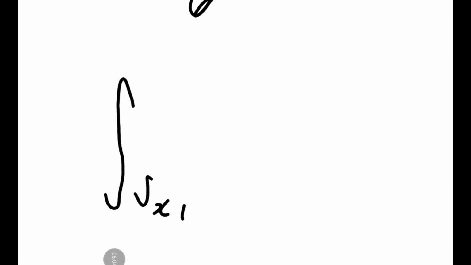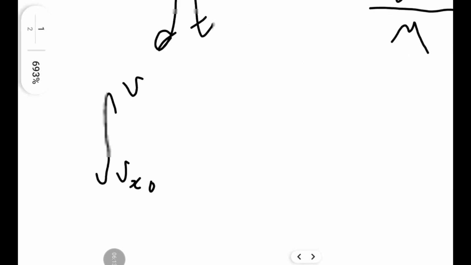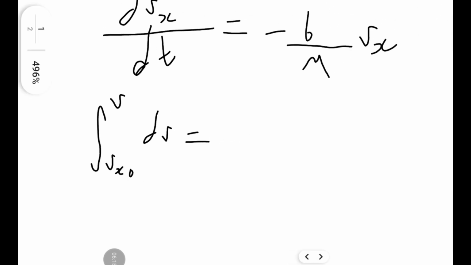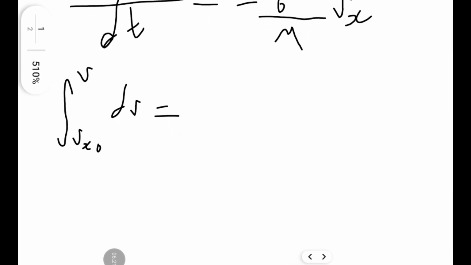Now for the next part, what we want to do is integrate it. First of all, let's get into the format where we integrate between the initial velocity for x, so v of x at 0, and then the general velocity, V. So it gets into that format of dv is equal to the negative integral.